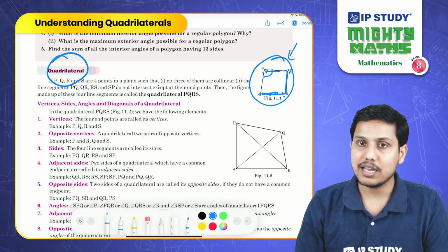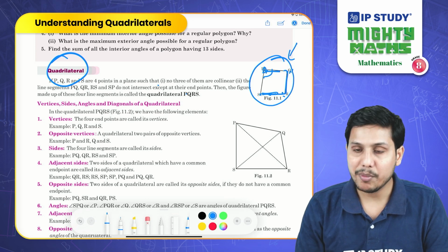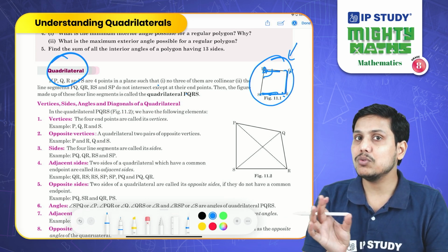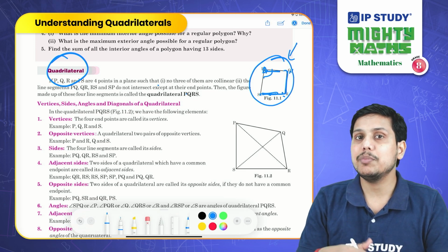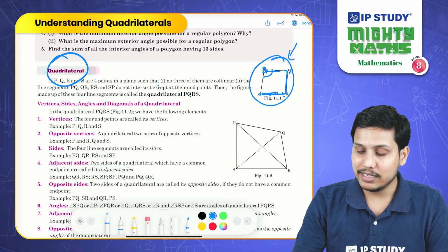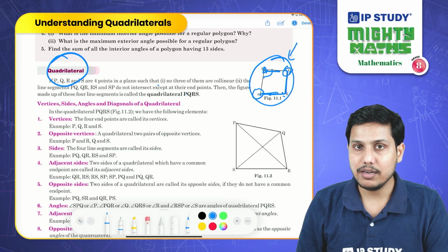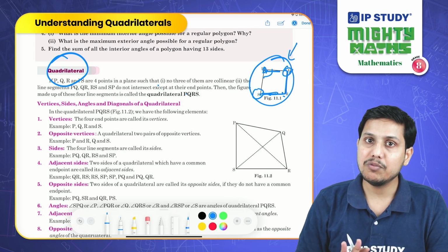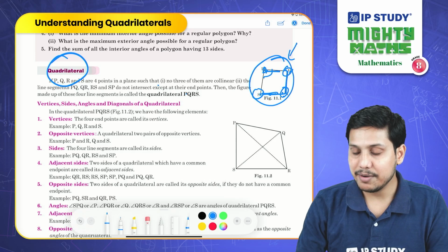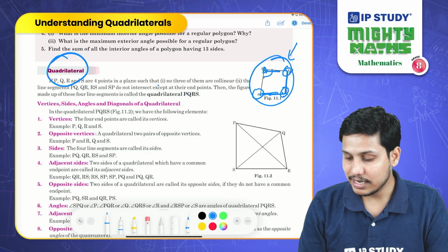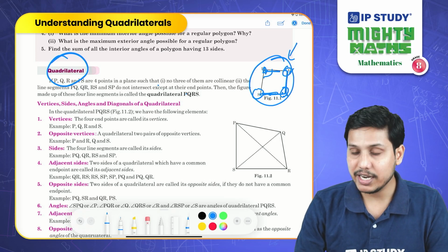QP and PS are adjacent sides because they share a common vertex. So if between 2 sides of a quadrilateral there is a common vertex, then those 2 sides will be adjacent sides. And opposite sides, so if S and Q are taken which don't have any common vertex, these 2 angles are opposite angles. Yes, as R and P are opposite angles. Similarly SR is opposite to PQ.